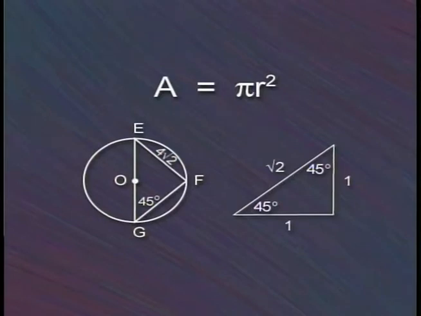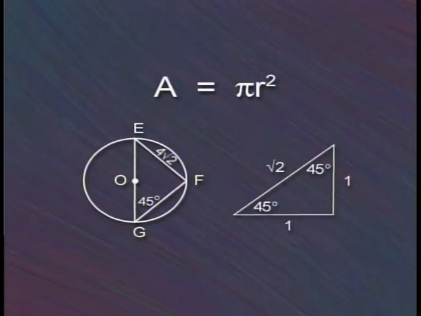We will need to use the information provided in the right triangle to calculate the radius. This right triangle is a special case of a 45-45-90 degree right triangle. Side EF equals 4 times the square root of 2, so does side FG. In a 45-45-90 degree right triangle, the sides are in the ratio of 1 to square root of 2.